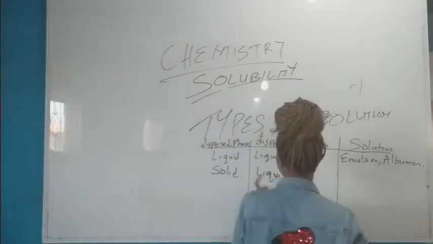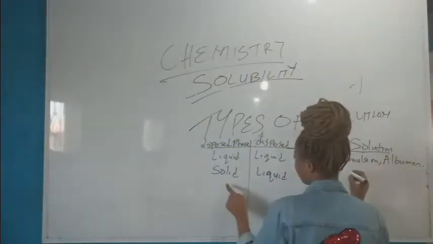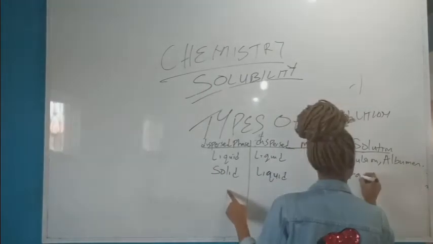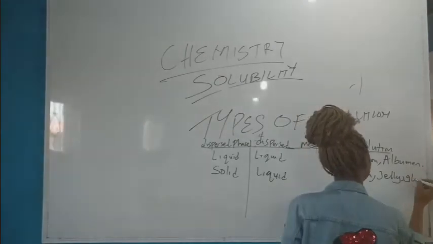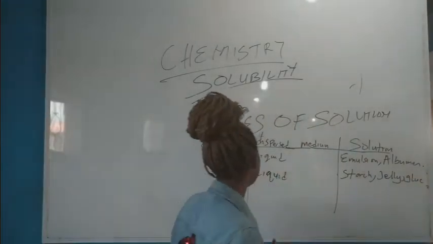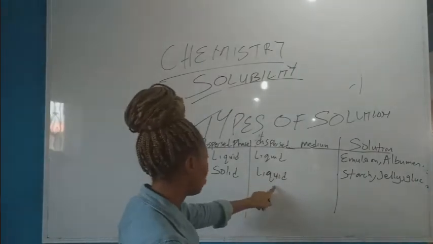So when the solid is dissolved into the liquid, definitely we will have our starch, our jelly, our glue. This is an example of a solution that will be formed when a solid is dissolved into a liquid.